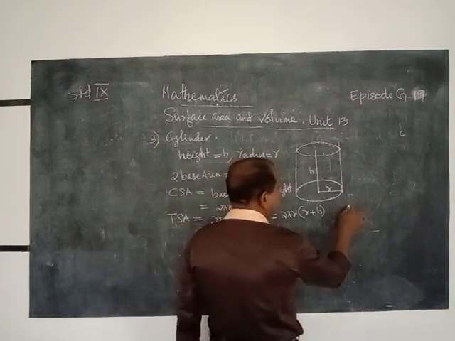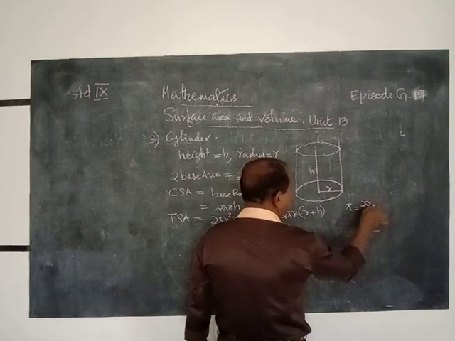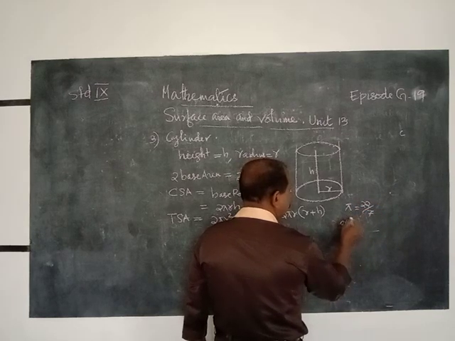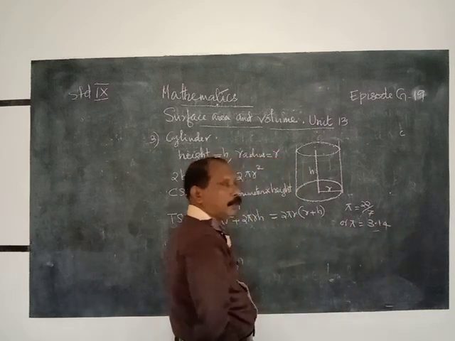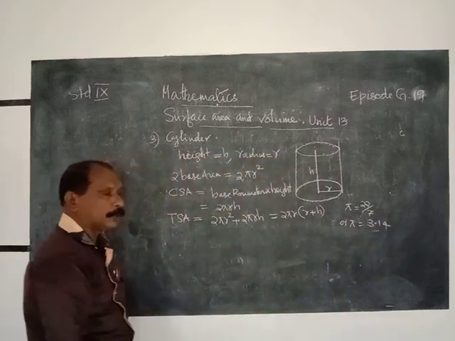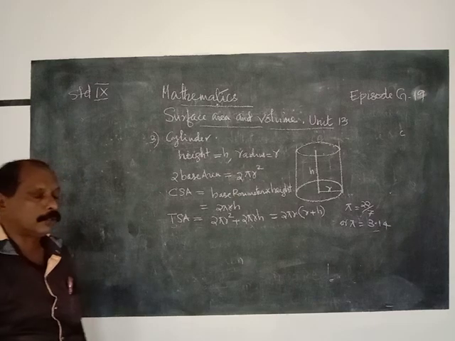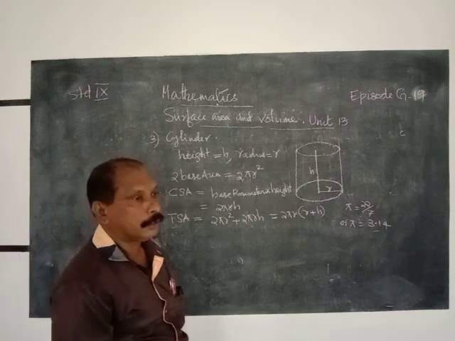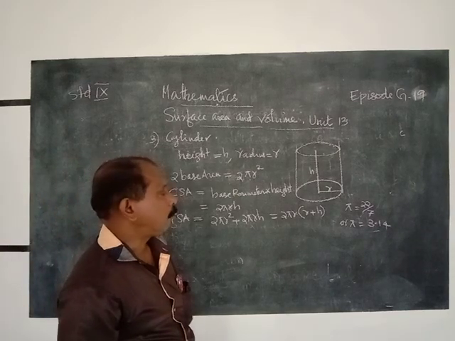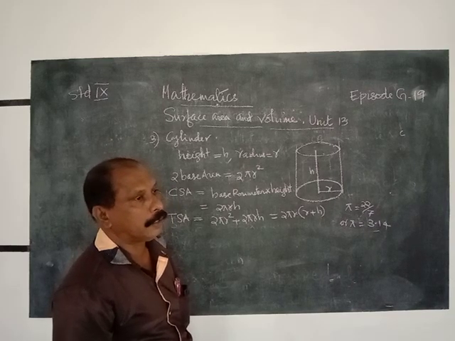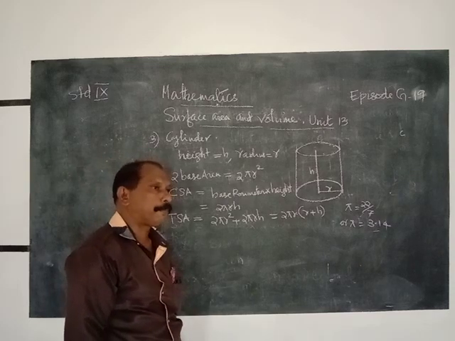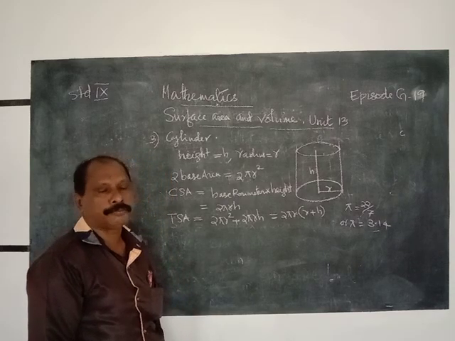What is pi? Pi is 22 by 7 or pi is equal to 3.14. Actual value is 22 by 7 and approximate value is 3.14. That is non-terminating, non-recurring. Therefore, sometimes the radius of that solid or that cylinder is given as 10 cm, that is a multiple of 10.